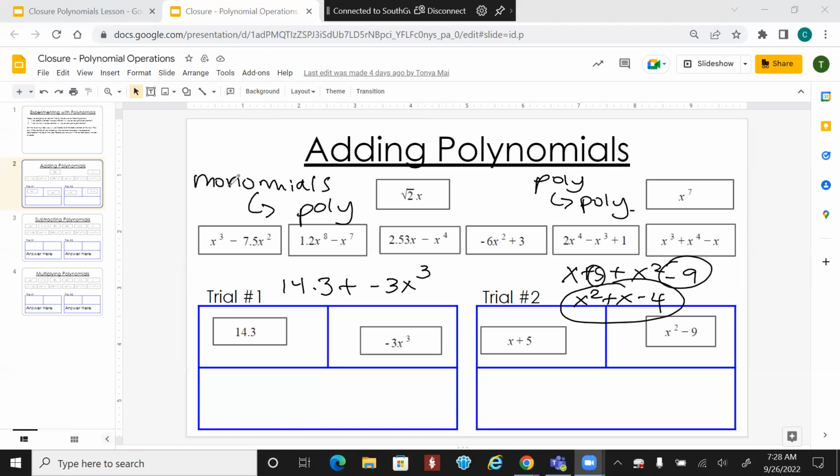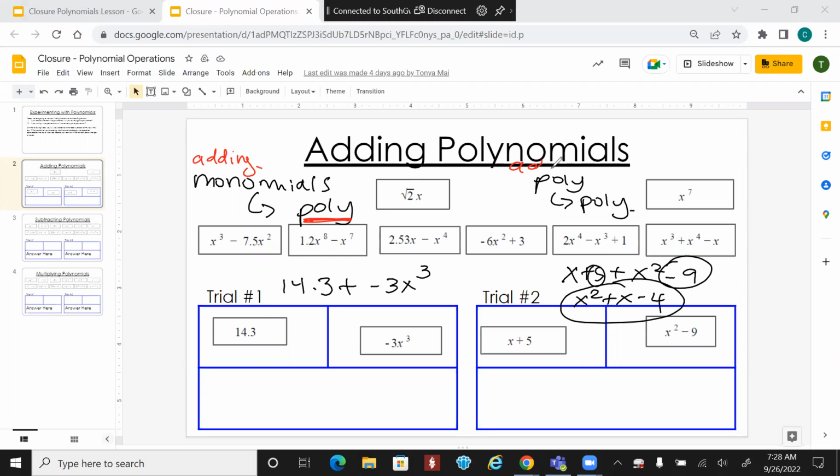So right now on your paper, I would write, adding monomials, you get a polynomial. Adding polynomials, you get a polynomial. Take a second. On your paper, you're going to say, adding monomials, that means one term, you're going to get a polynomial.